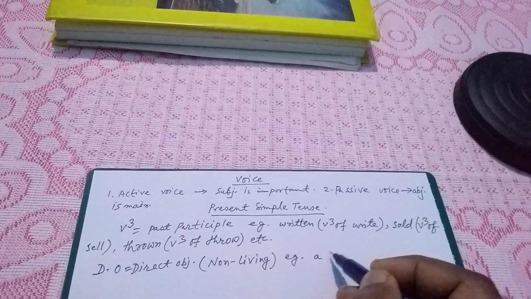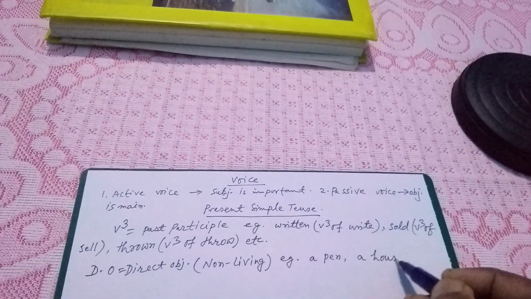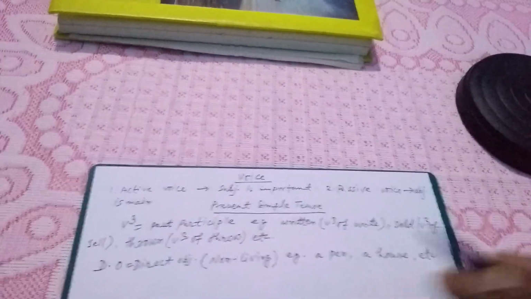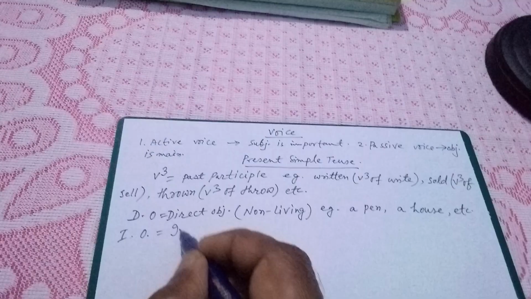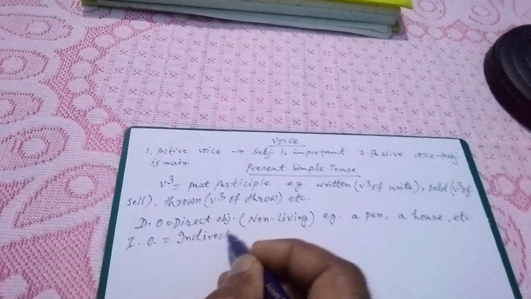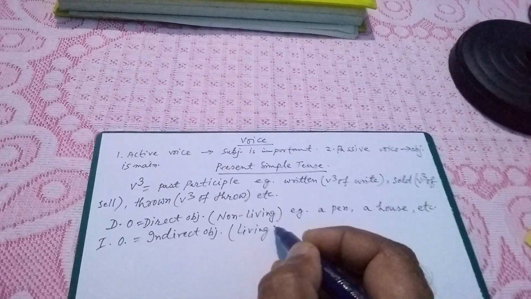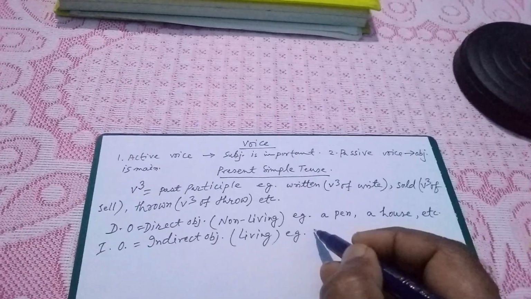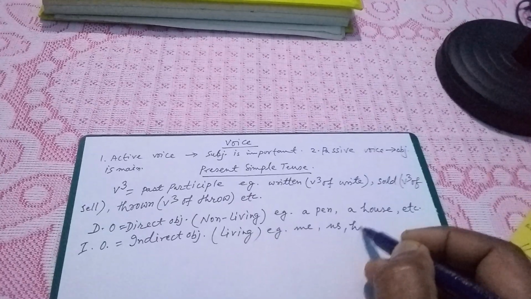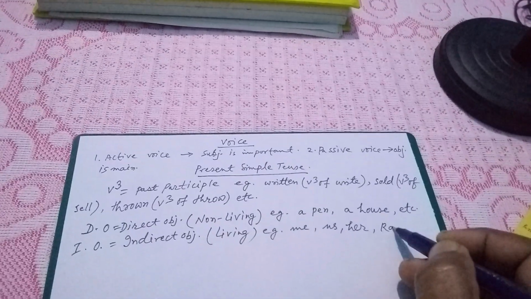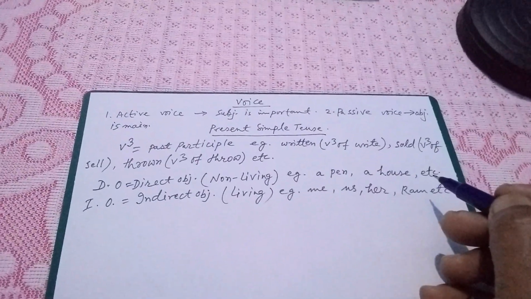Example, a pen, a house, etc. Then comes indirect object. That is living things. Example, me, us, her, Ram, etc. All these are included in the indirect object.